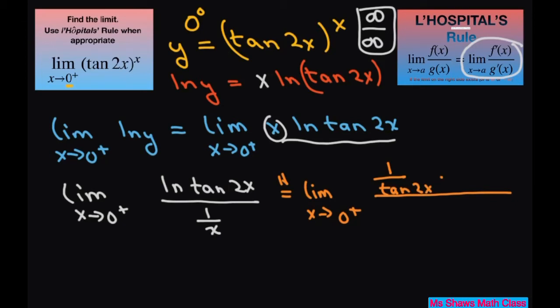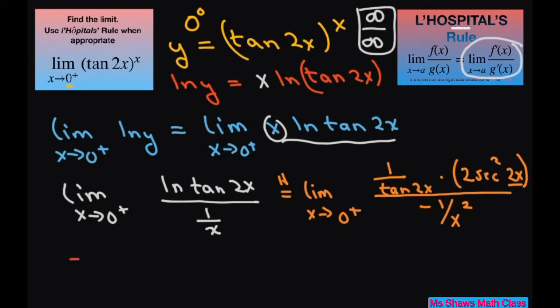So that's going to be secant squared of 2x, and then the derivative of 2x is 2, so I put that in front. And then for the denominator, take the derivative of 1 over x, that's just going to be negative 1 divided by x squared. All right, now let's simplify this as much as we can on this side.